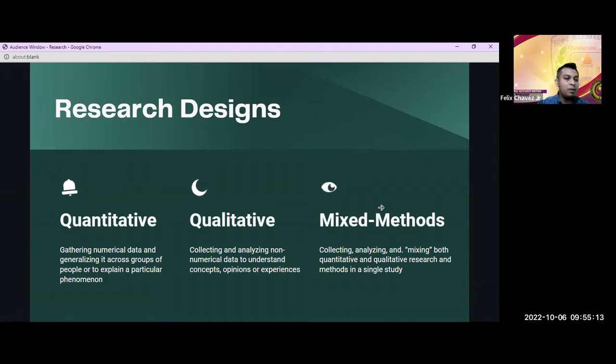It's very difficult to establish novelty. That is why many researchers opted to include mixed designs, both the qualitative and the quantitative component.